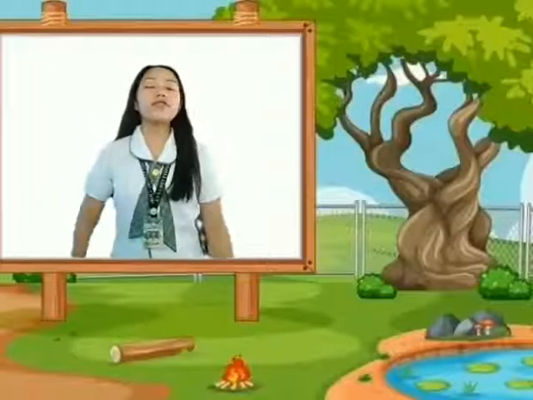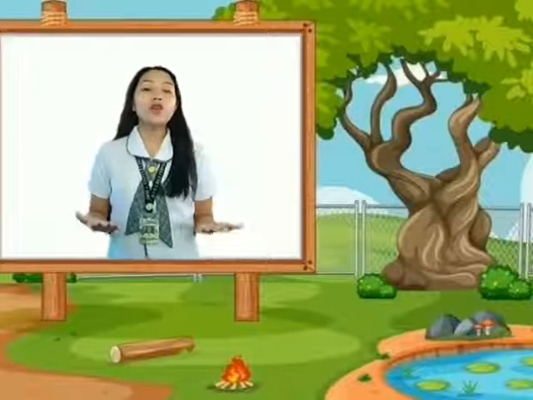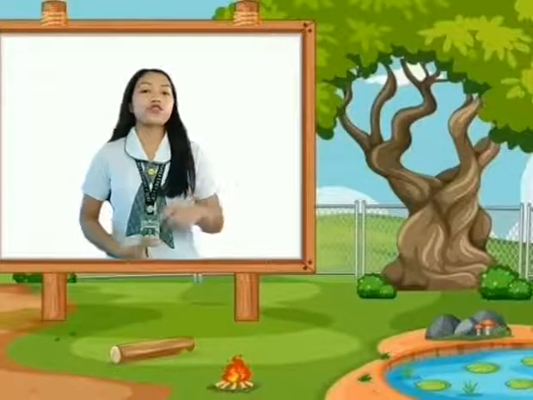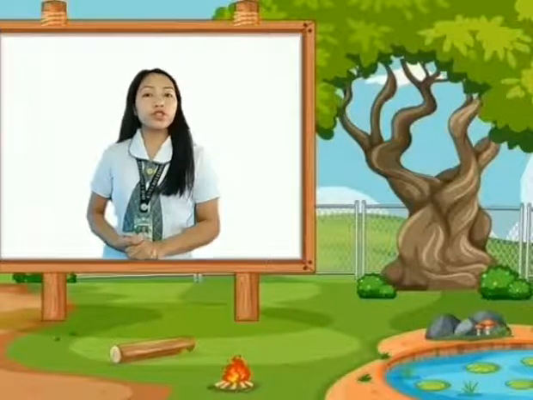Activity time. I have here some jumbled words, and all you have to do is rearrange the letters to form the words. The first person who gets the correct answer will be given a prize.